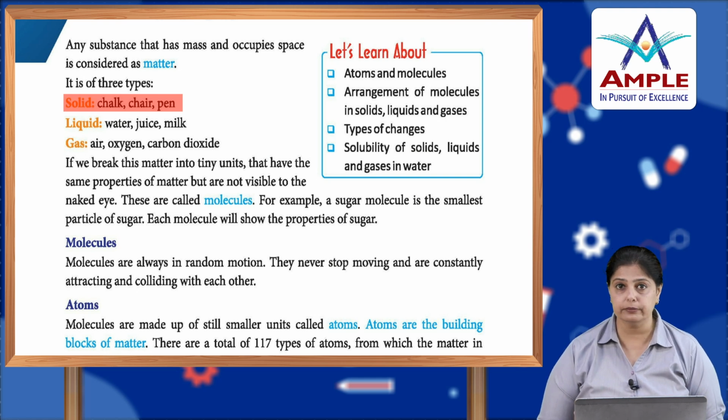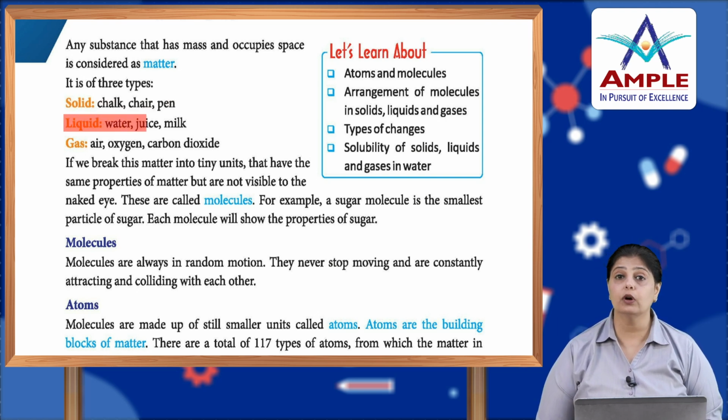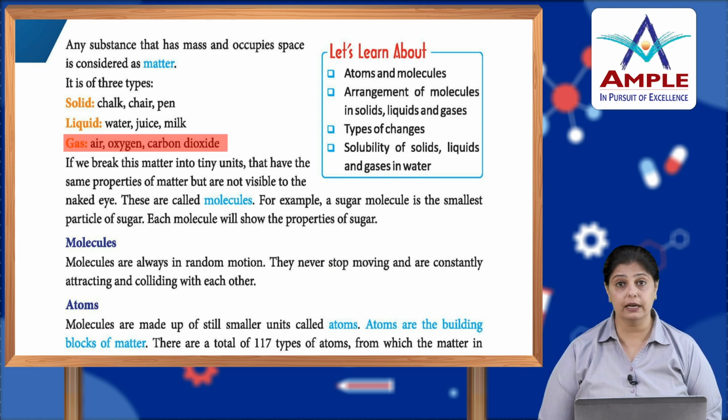It has mass and it occupies space. The other one is the liquid, which is water, juice, milk. These are examples of liquid form. And the third form is the gas, which is air, oxygen, carbon dioxide.